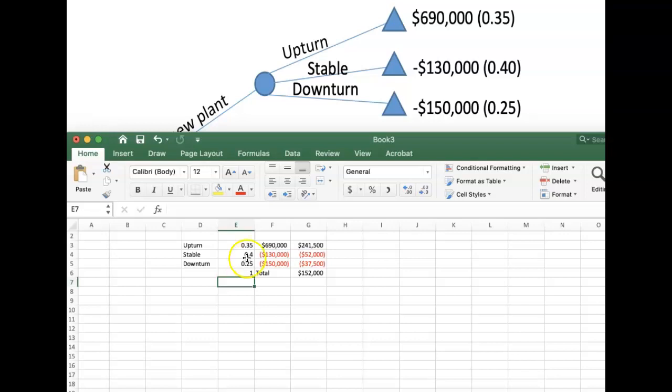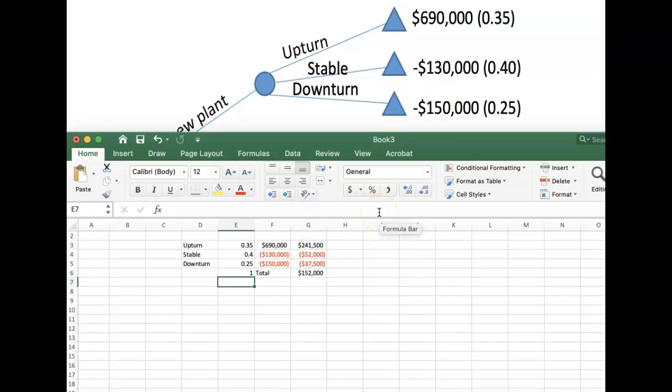But if I look here, I can say that I have a 65% chance that I will lose some money. Is it worth me losing 52,000 or 37,500? And that's the chance that you're taking so that you can earn that 690,000.